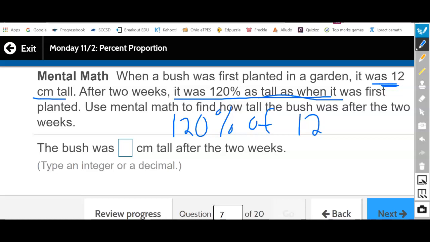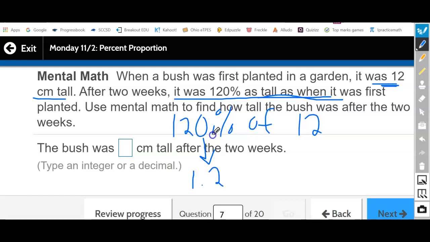Now we solve. 120% as a decimal is what? Somebody know? 1.20.